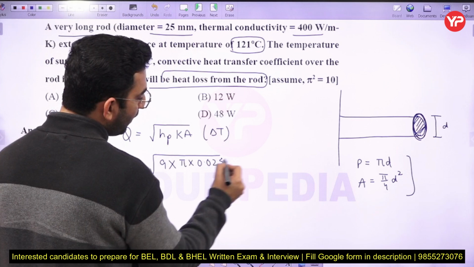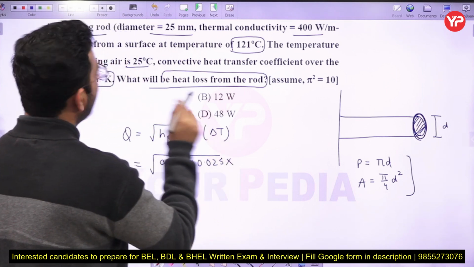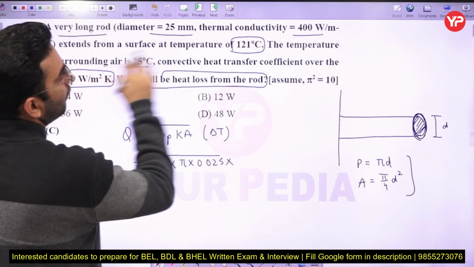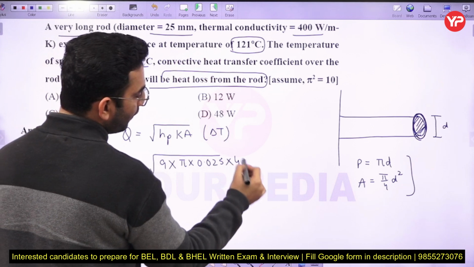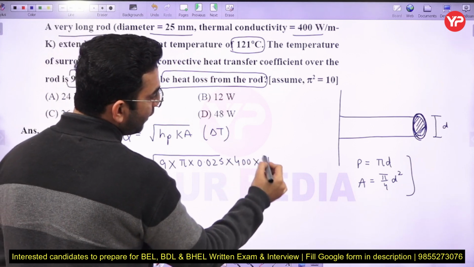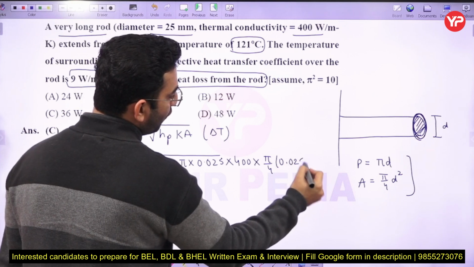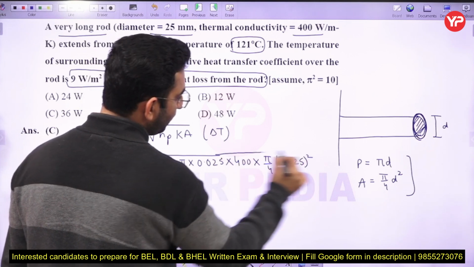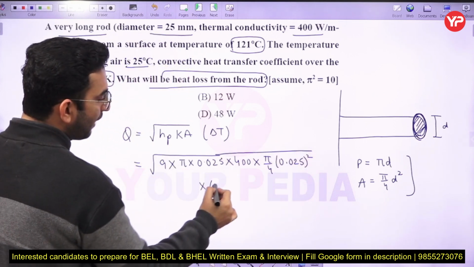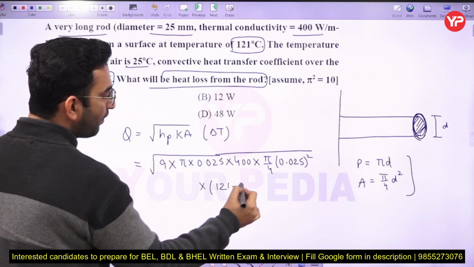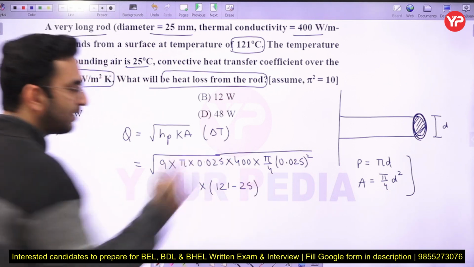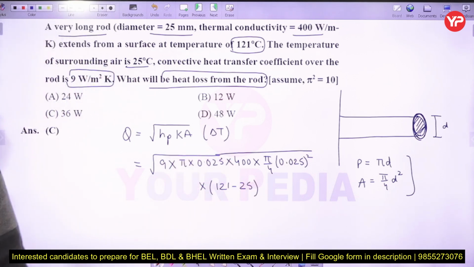In this case, P is pi into 0.025, k is given to you as 400, and correspondingly area will be pi by 4 into 0.025 square, multiplied by the temperature difference, that is 121 minus 25 degrees Celsius. Okay, so if you solve this part you will get your final answer.